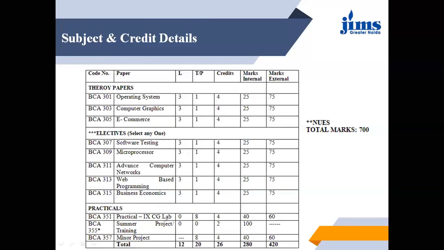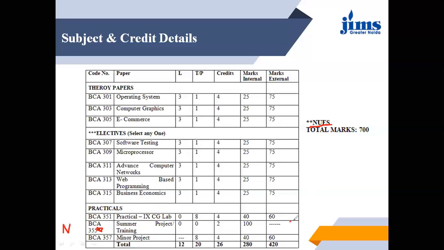This summer project or summer training, BCA 355, you can see a star over here. It means that this is a NUES subject. NUES subject means there is no university exam.